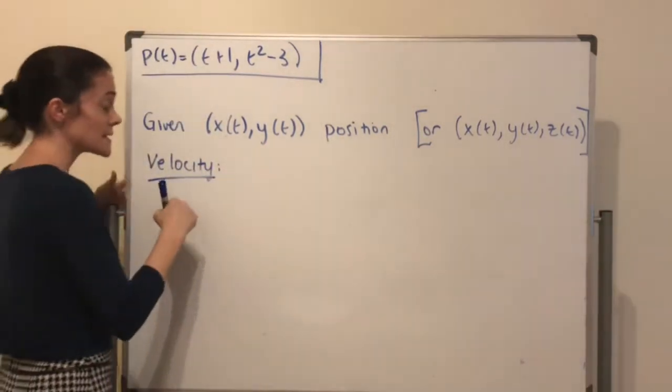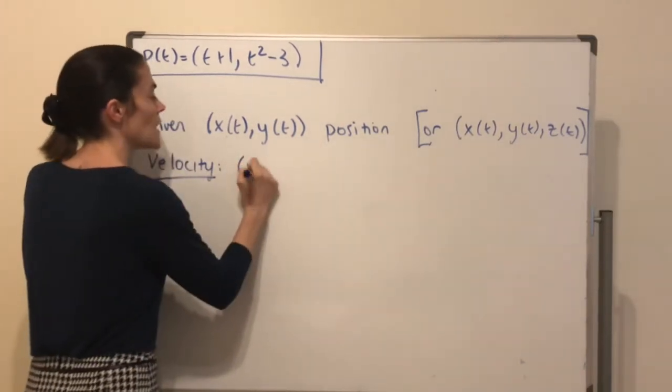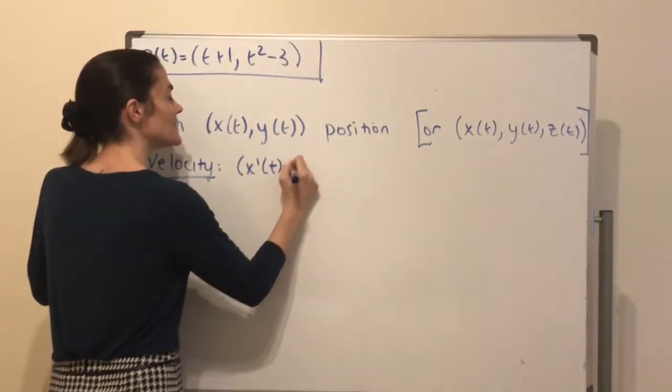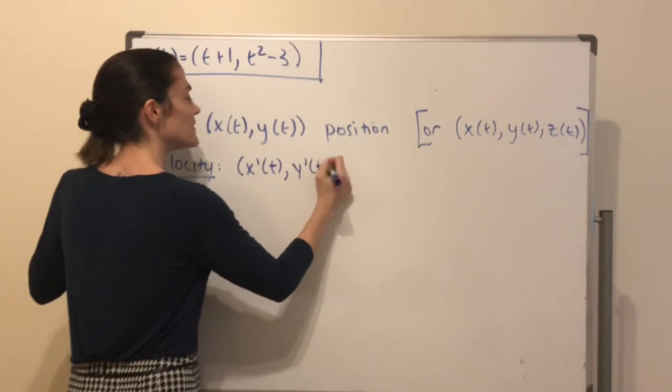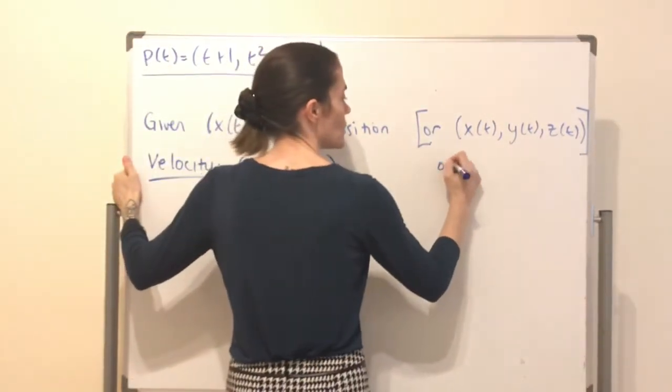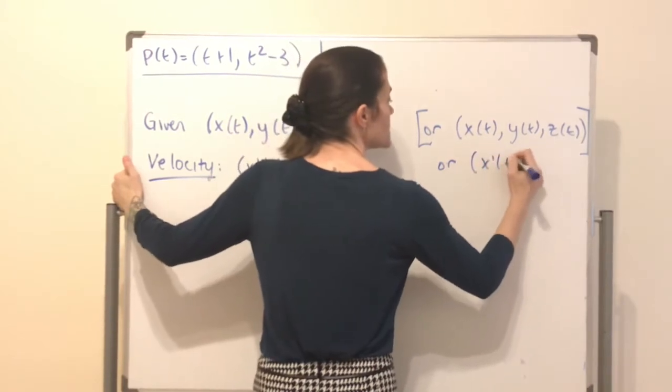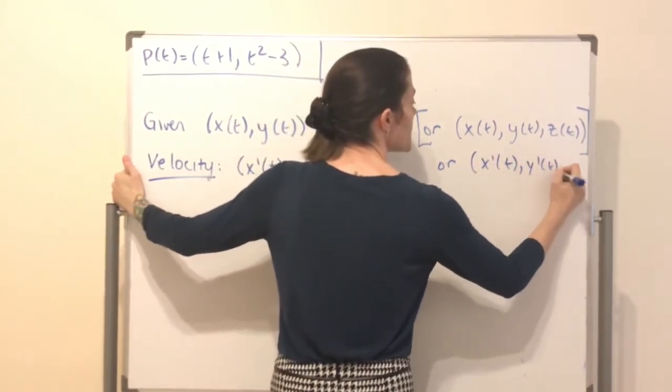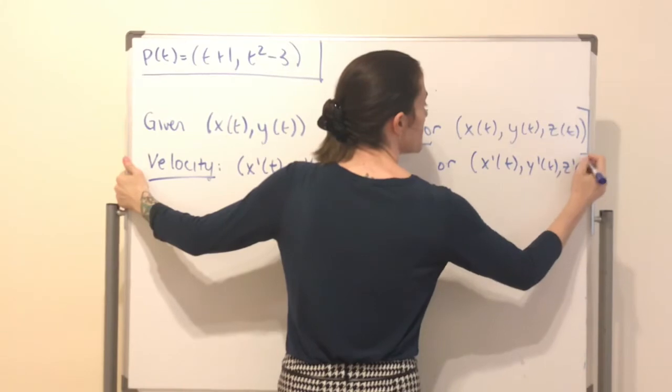So the velocity will be x prime of t, y prime of t in this case. And over here, it would be x prime of t, y prime of t, and z prime of t.